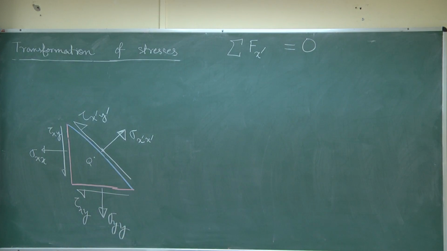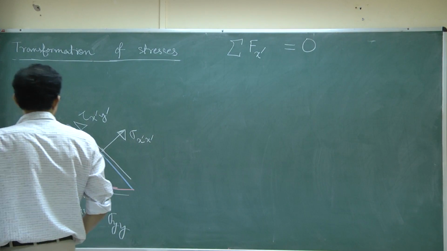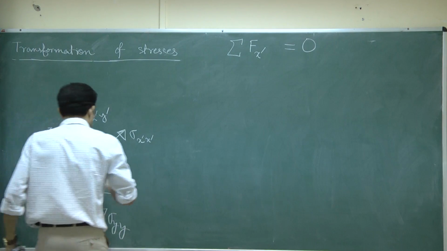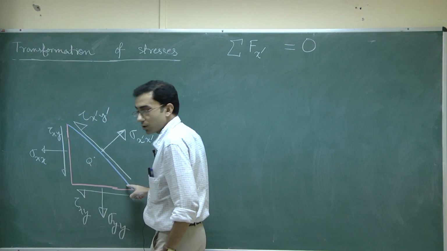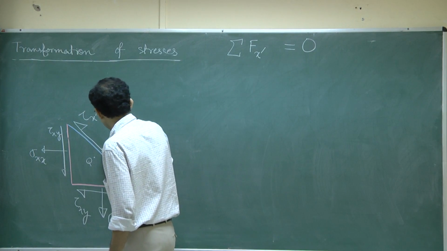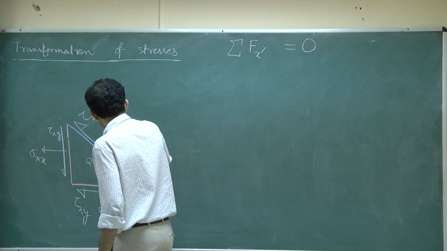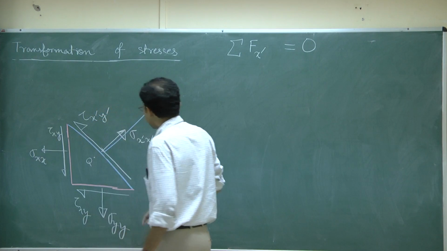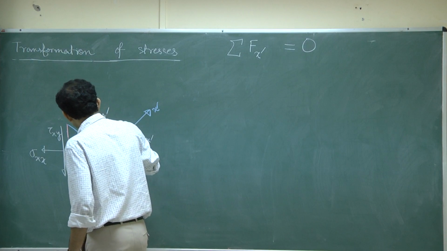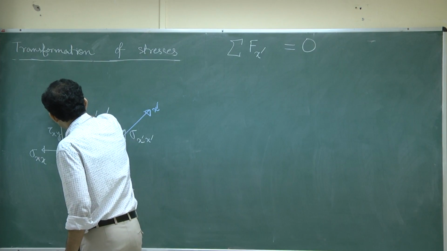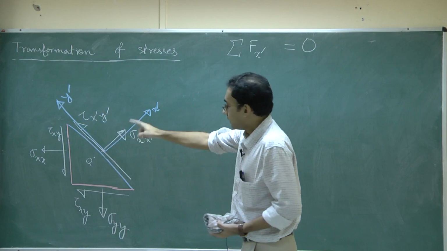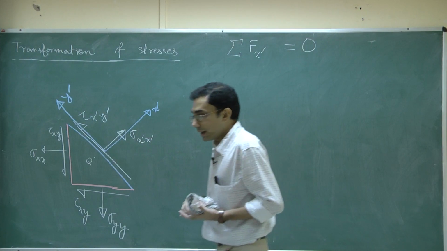So, what I will do is, here you note that this blue one corresponded to my blue x dash y dash direction. So, this blue one is my x dash direction, this is my y dash direction. The red one corresponded to the red xy direction.